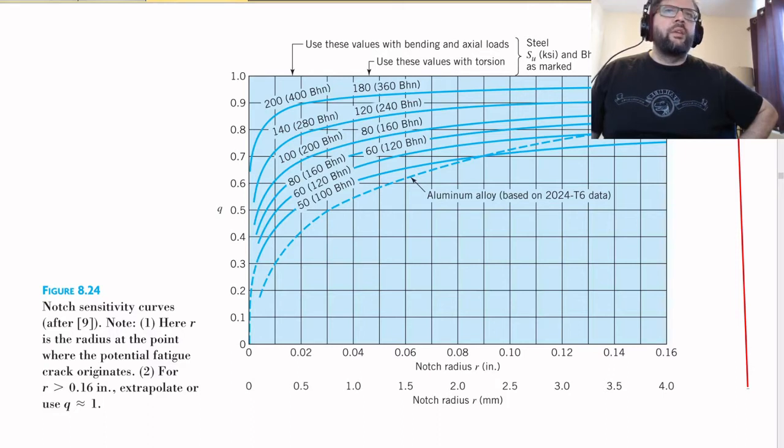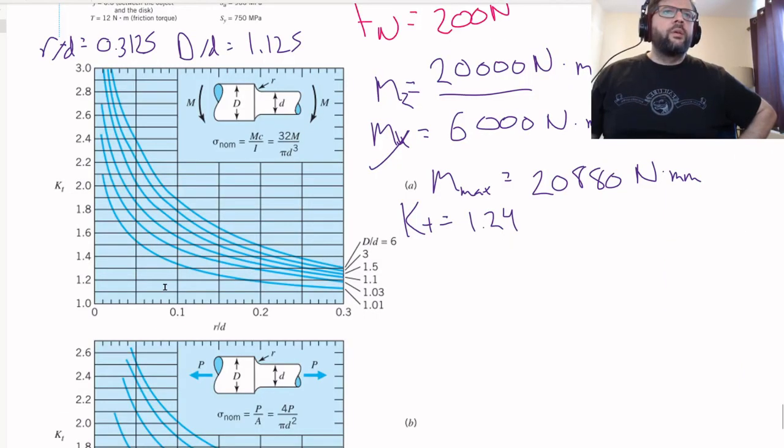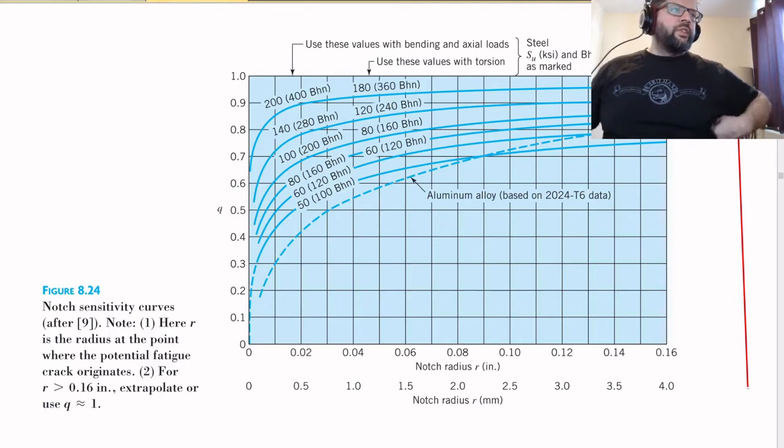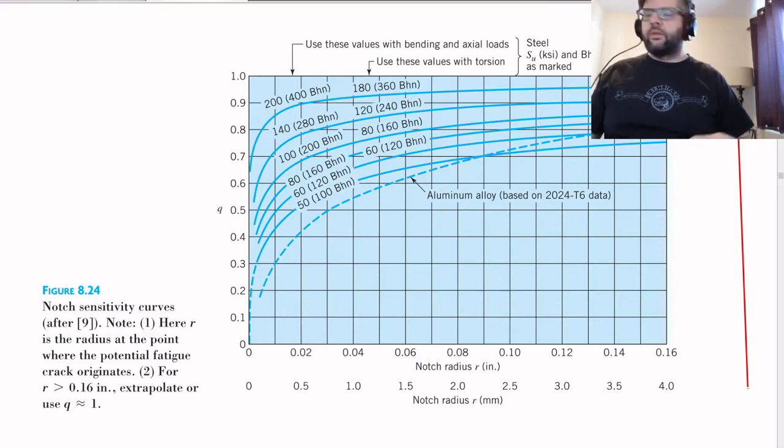Then we need to know what our Brinell hardness number is, or ultimate strength can also be used to estimate that. So again, we were given, this one has an SU of 900 MPa, which unfortunately, this chart is in KSI, so let's go figure out what that is. 900 MPa in KSI, I'm just typing that into Google on another screen. 130 KSI.